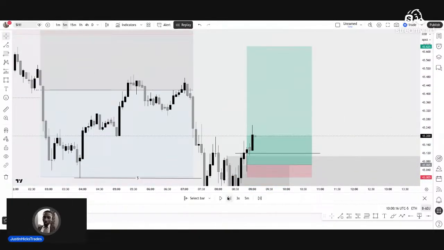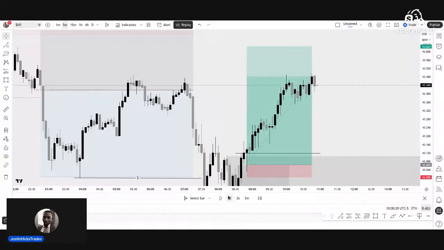No, and this is probably not a good entry, but let's see. All right, it looks like it's getting up there. Okay, starting to come down.